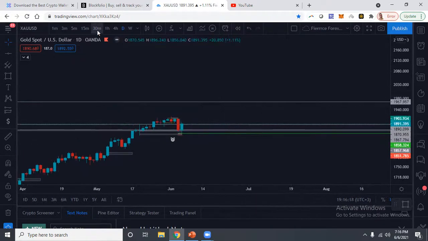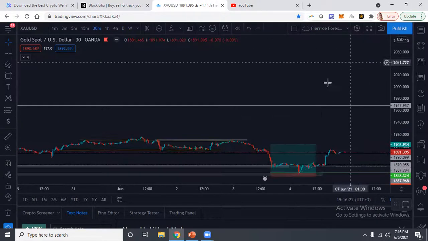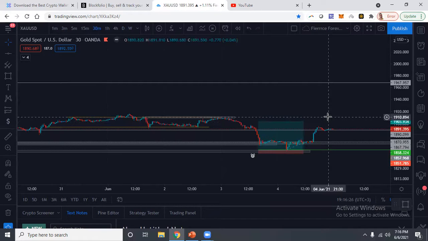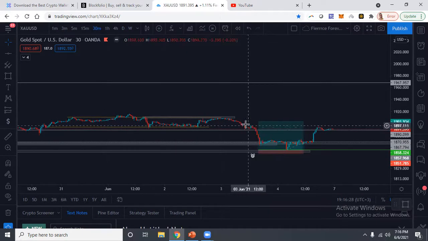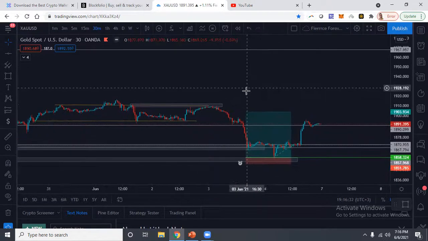If you look at the 30-minute where gold came from, literally in 24 hours it just dropped and went back to the exact levels where it was when the mid-London session began.